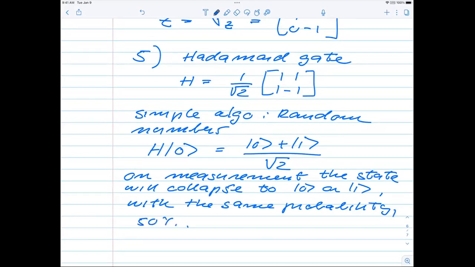So if I look at this application of the Hadamard gate, the probability amplitudes for each of the two possible resulting states are, as I said, 1 divided by square root of 2.